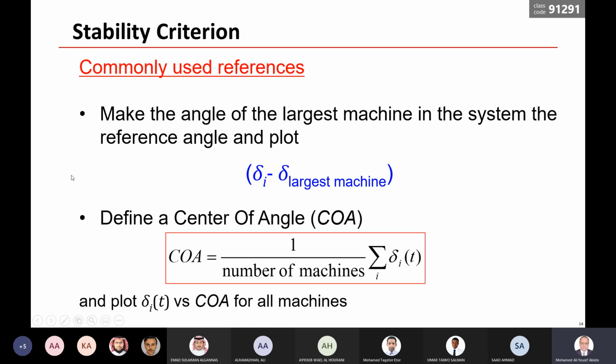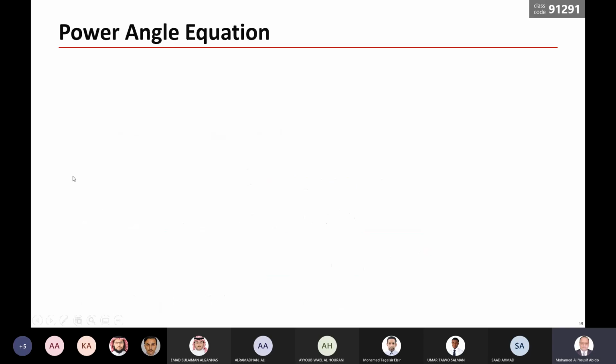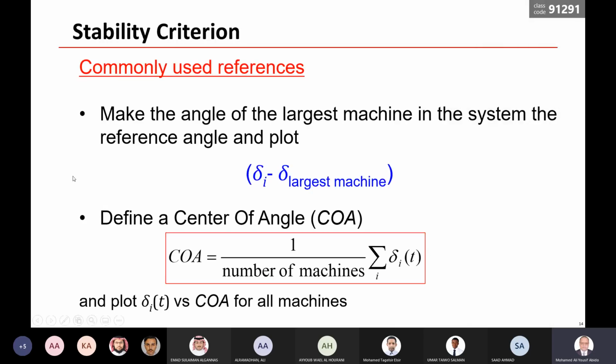I don't know whether anybody carried out before some stability studies on ETAP or something like this. Do any of you carry out transient stability studies in ETAP?